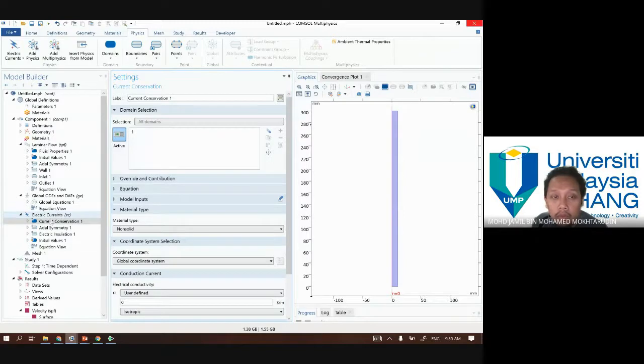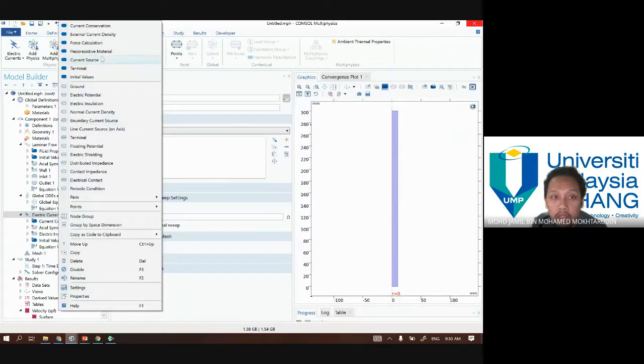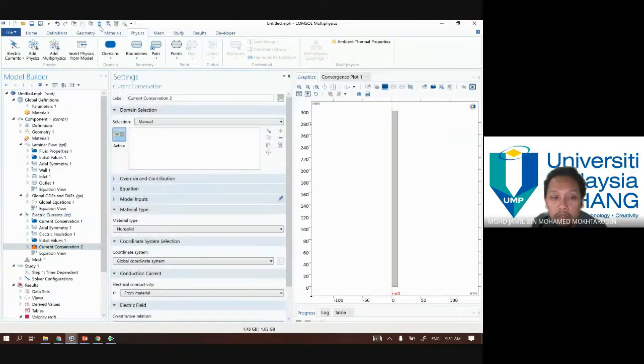Okay, and then you add one more current conservation. So for this new current conservation, you just choose the heart. Maybe because the heart is inside, it's difficult to select. So the way to select it, you can just point your mouse to the nearest location to the heart, and then just scroll. So when you scroll the mouse, it will highlight only the heart inside the rectangle.